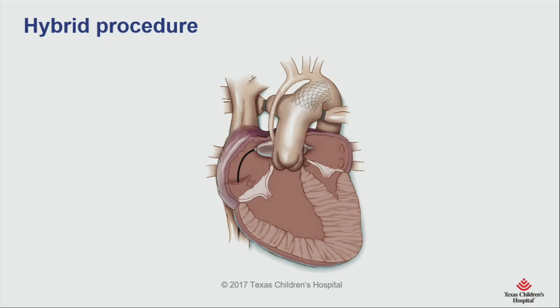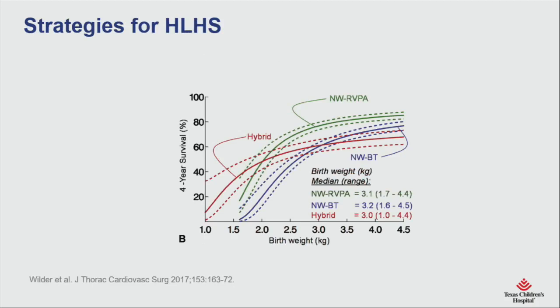Now, the role of the hybrid procedure has evolved, and I think there's still a role. The question is, how does this fit into the entire strategy? This is a very interesting study from the Congenital Heart Surgeons Society on all the centers that form part of the CHSS, and they compare the 4-year survival of patients by birth weight. As you can see, for patients bigger than 2 to 2.5 kilos, the RV2PA conduit had better survival than the other two strategies.